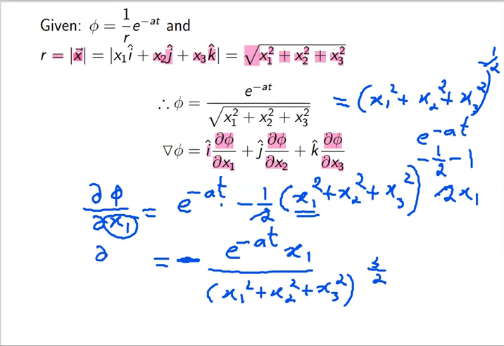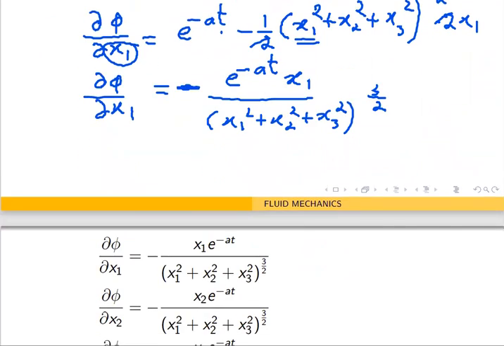This is dou phi by dou x1. Similarly, we find dou phi by dou x2 and dou phi by dou x3. We have done that here. See, dou phi by dou x1 is nothing but minus x1 e power minus at over that. Let me take the highlighter.